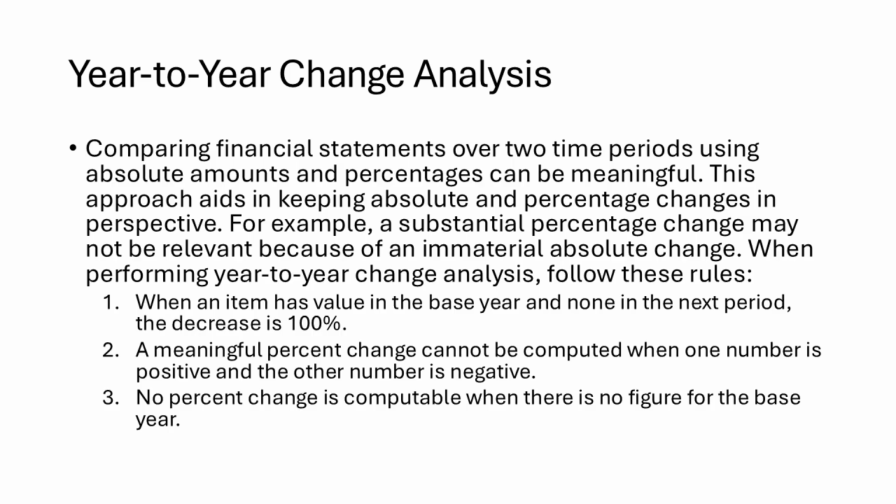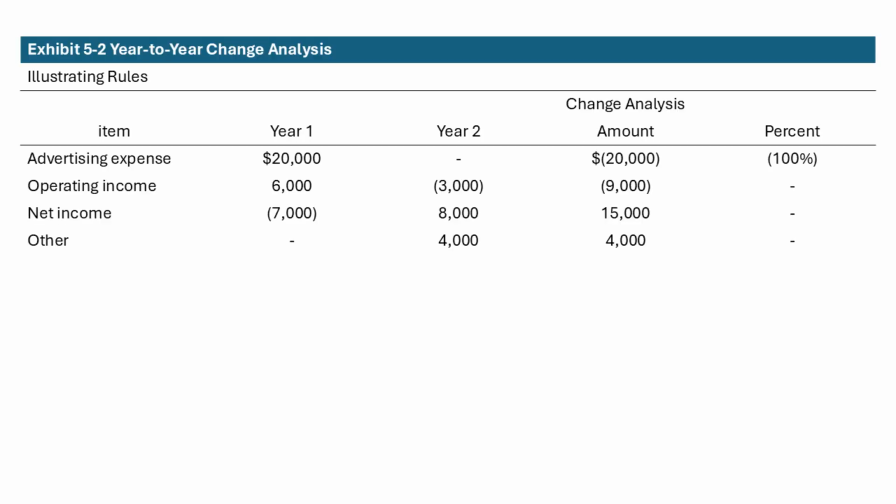When an item has value in the base year and none in the next period, the decrease is 100%. A meaningful percent change cannot be computed when one number is positive and the other number is negative. No percent change is computable when there is no figure for the base year. Exhibit 5-2, year-to-year change analysis, from the textbook, page 202.